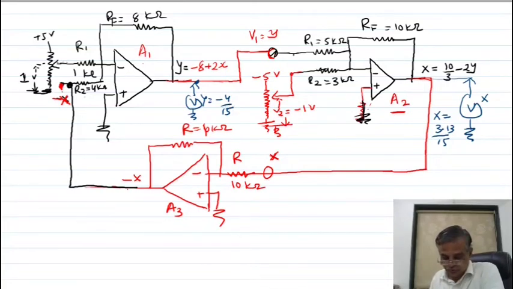So see, you design the circuit, we have designed the circuit. Then where do you have to connect the meter? You have to connect the meter between the point X and ground, and point Y and ground. And how much will it measure? It will measure 3.13 upon 15, and this will measure minus 4 by 15.